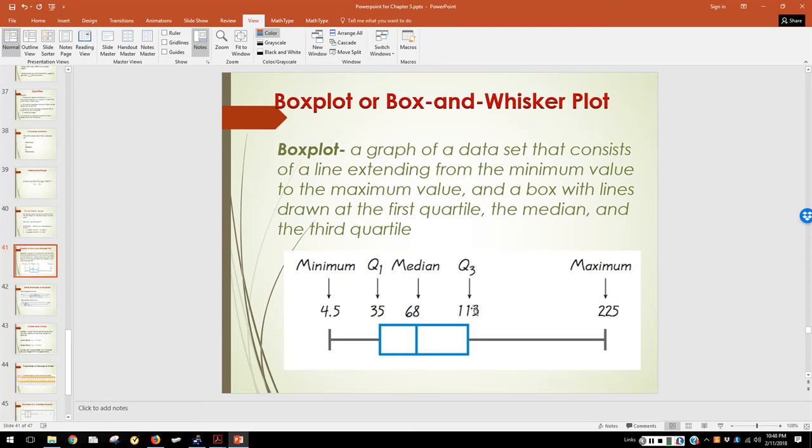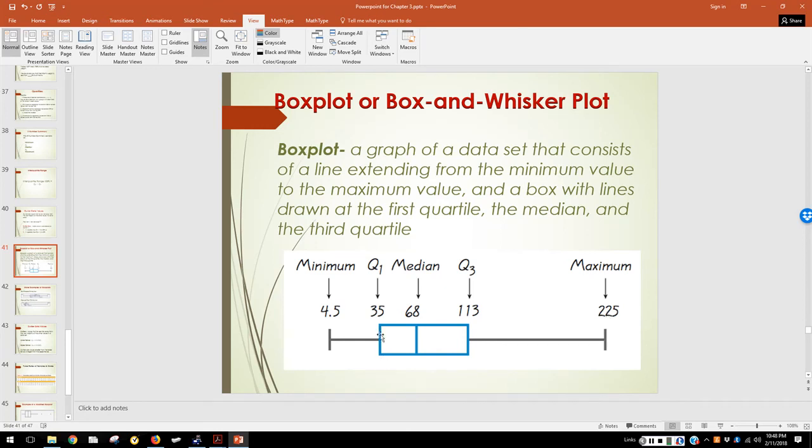We know that since the third quartile, or the 75th percentile, is 113, 75% of the data values in this data set are less than 113. We know that 25% of the data values are more than 113, up to a maximum value of 225.